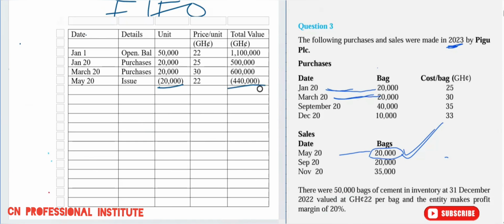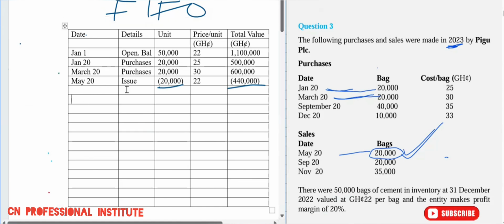After the issue, how many units are we going to have left? 50 plus 20 plus 20 is 90, minus 20. So we are going to have 70 units left. But they are at different prices. Are you following? You can have your balance and do it straightforward. But if you want to have a balance after the sale, then we are going to have 30,000 units at 22.